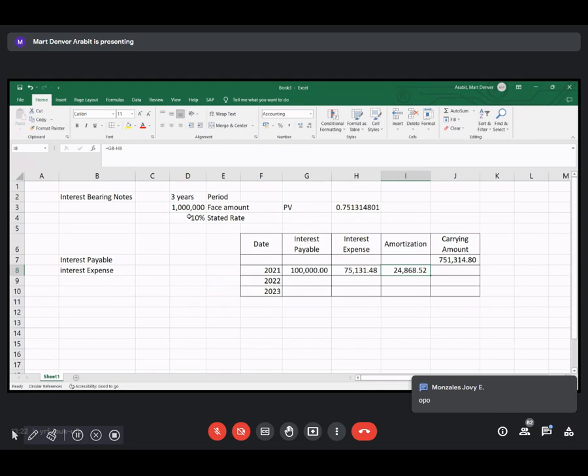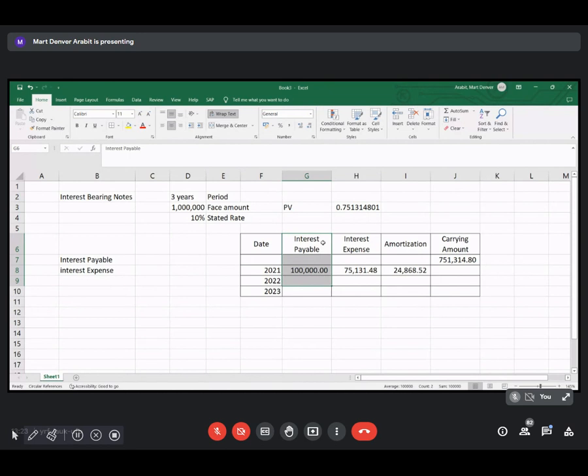Okay, you're following. So, when I ask in my question, how much is the interest payable? The interest payable I'm referring to here is this. It is based on the stated rate, or on how much interest the debtor is mandated to pay. This is the interest payable. But whenever I ask for interest expense, I am referring to how much interest expense will be recorded for the year.